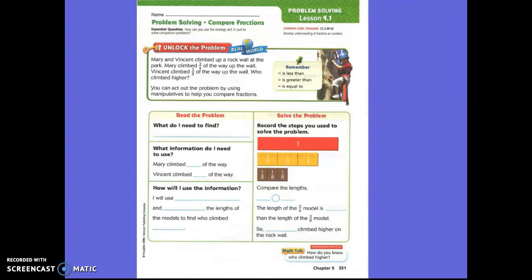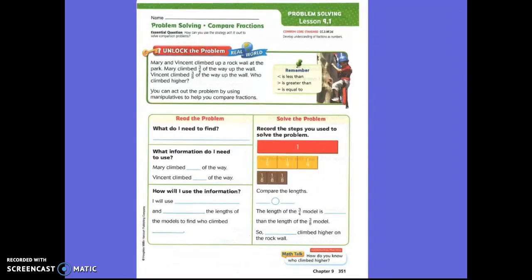Who was higher? You can act out the problem by using manipulatives to help you compare fractions. So what are we trying to find? Who climbed higher, Mary or Vincent?